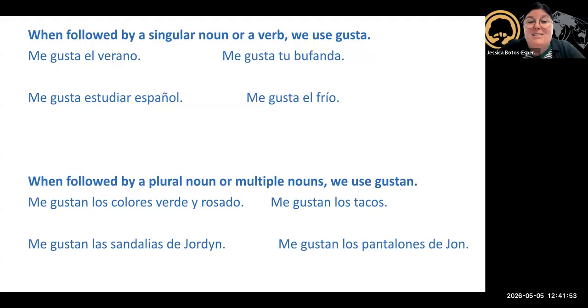So in the examples you see on the screen: me gusta el verano, me gusta el frío, me gustan los colores, las sandalias, los tacos y los pantalones. So we are going to use the article when we are following gustar with a noun.